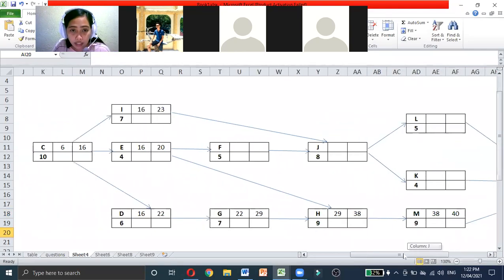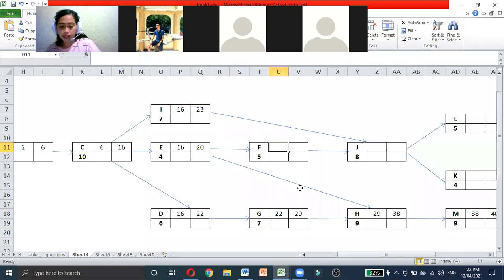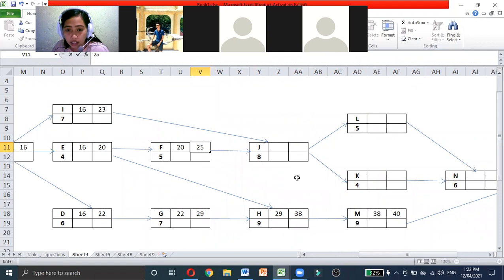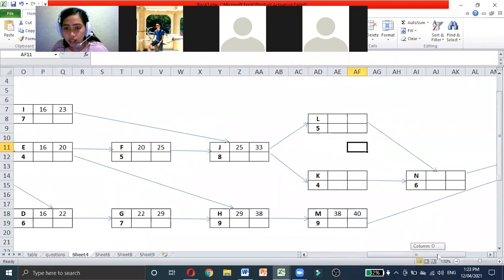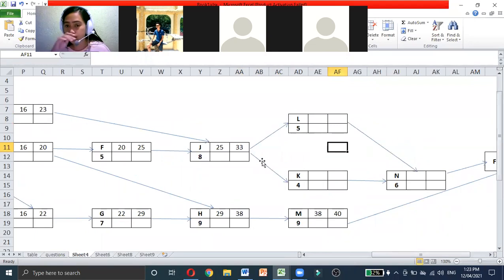Okay. Let's go back here to F. How about F? 20, and the earliest finish, 25. Let's have J, 25 and 33. Now J has successors L and K. So let's start with L. L, ES 33, and then EF 38.